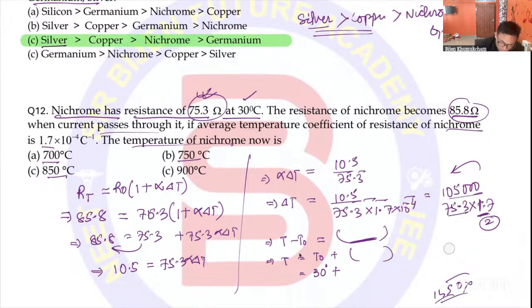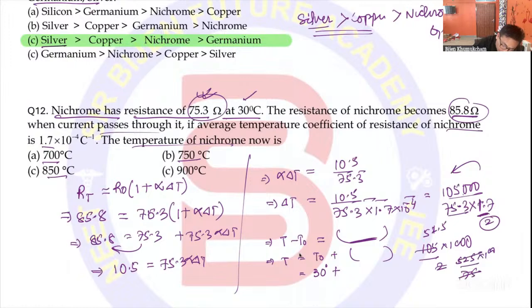Let's do the simplification and take an approximation. Let's divide 105 by 2, which is 52.5. Let's say 525 into 100 divided by 75.